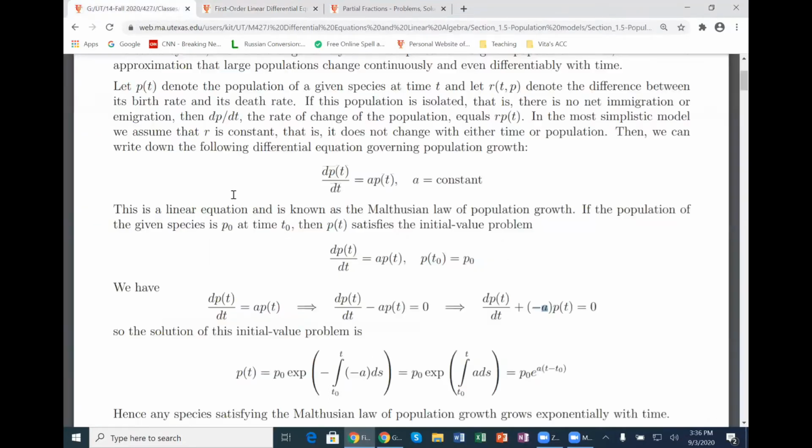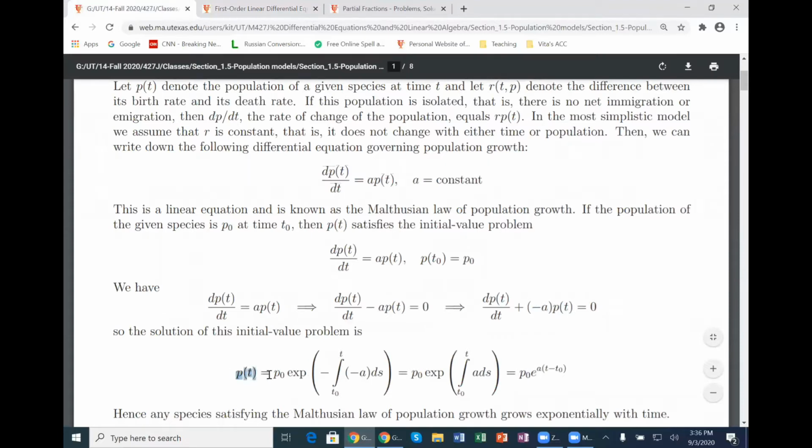So let us copy. P of t is equal to P0, this P0, times e to the following power, negative integral from t0 to t. T0 is over here. And then inside the integral, we have this, negative a. Negative times negative is positive.